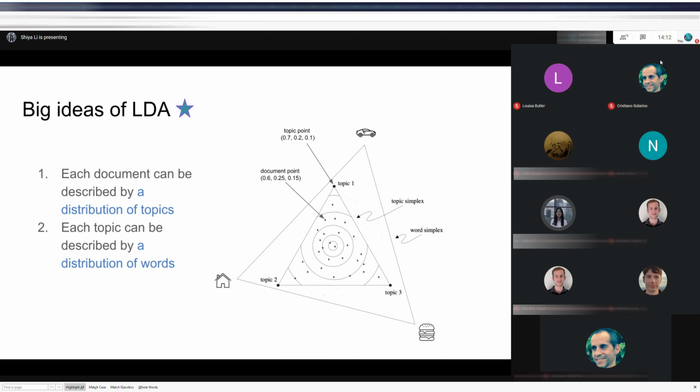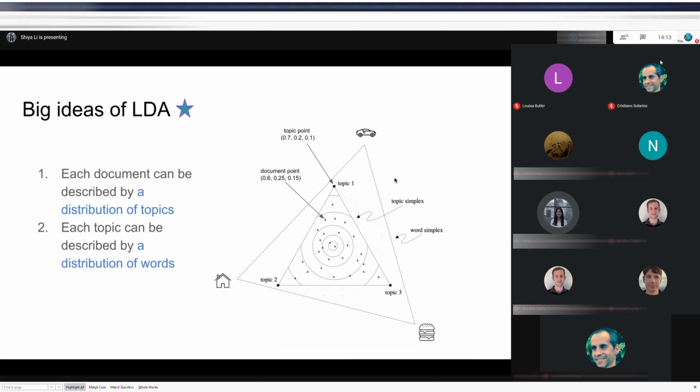So what does this mean? We can see the two triangles in this graph. The bigger triangle represents the word simplex, which means the word space, and the small triangle means the topic simplex, which means the topic space.